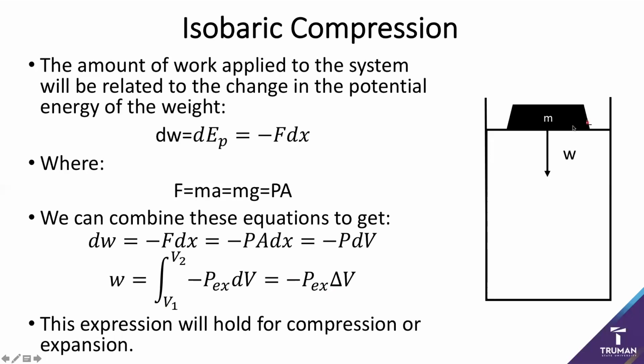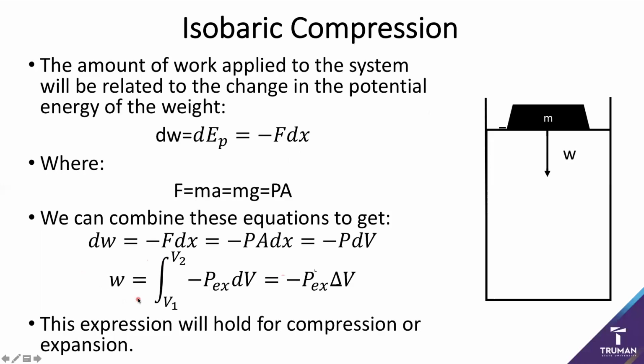And if I'm compressing the system, the volume in my piston should be decreasing, and I should have a negative delta V. Now, this negative sign on the delta V will cancel out with the negative sign out front, and this gives us a positive work value, which should hopefully make sense, because if I throw a weight on top of my piston, I'm essentially putting energy into my system, which gives me a positive work value. So again, our signs do end up holding.